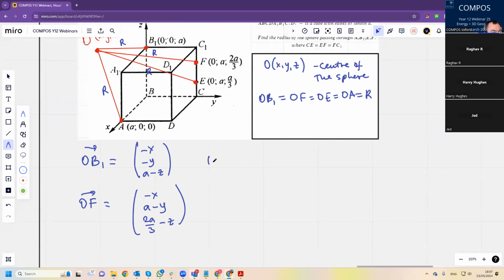Then OE is equal to minus x, a minus y, and a over 3 minus z. Aha, interesting. And OA is equal to a minus x, minus y, minus z.